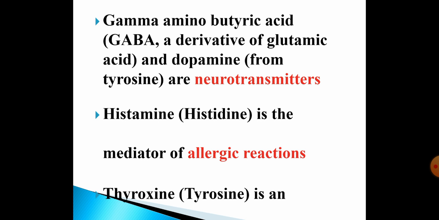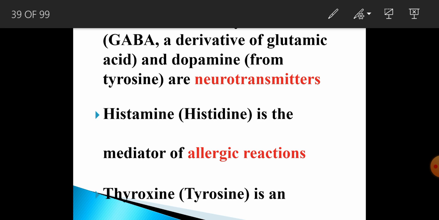And we talked about some neurotransmitters, such as histamine, which is the mediator for allergic reaction. These are examples of chemical compounds that derive from the amino acids. For example, GABA is a derivative of glutamic acid, and dopamine from tyrosine; these are important neurotransmitters.